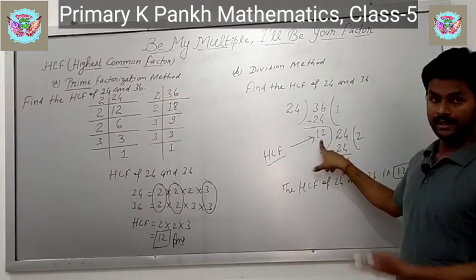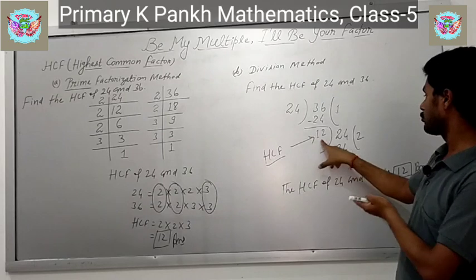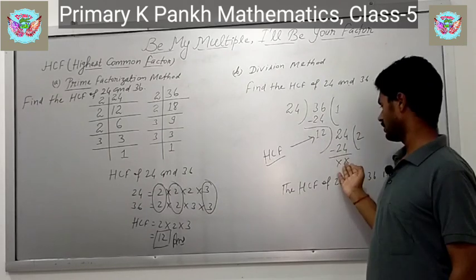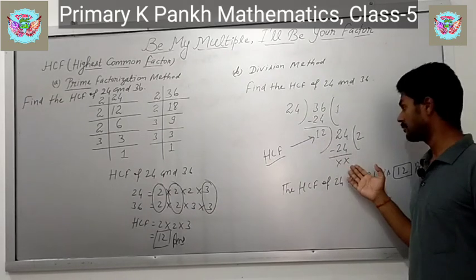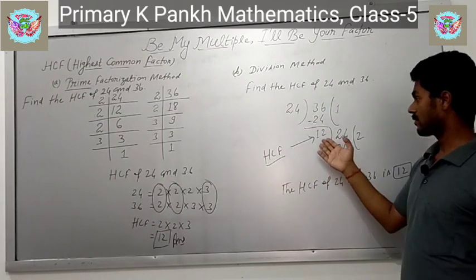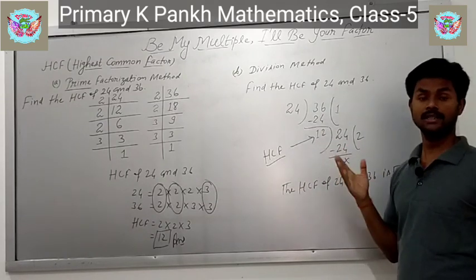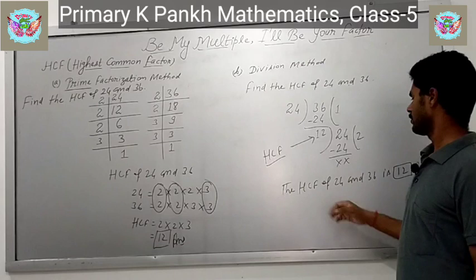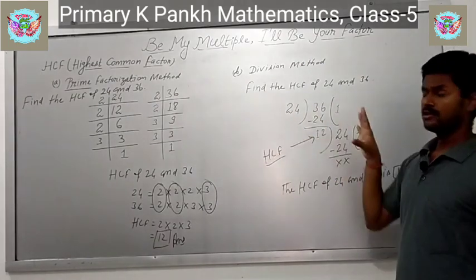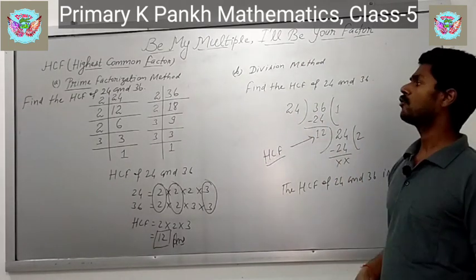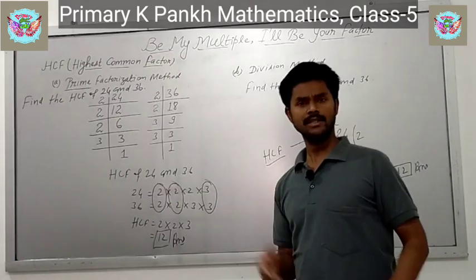So in this question, we have found 12 divides 24, and the remainder will be 0. So you can say that the HCF of 12, 24 and 36 is 12. So by using these two methods, we have found the HCF of 24 and 36.